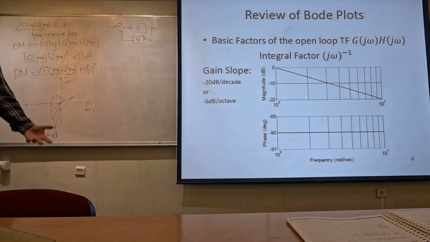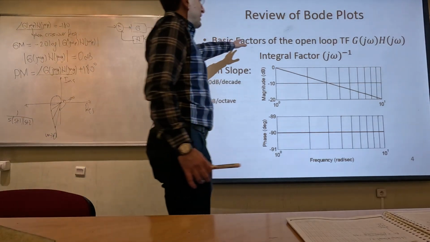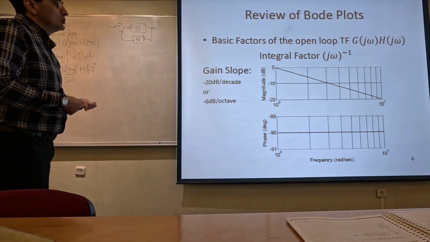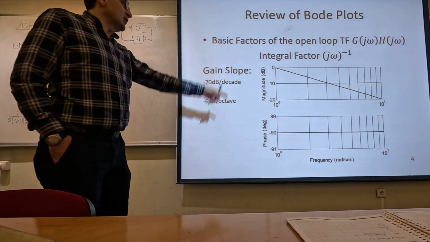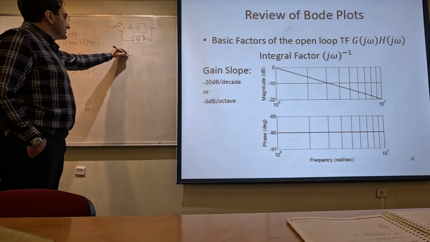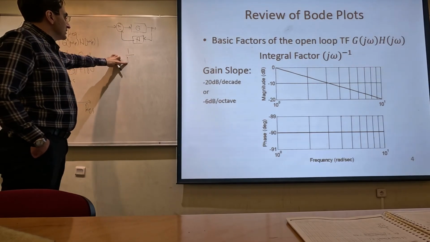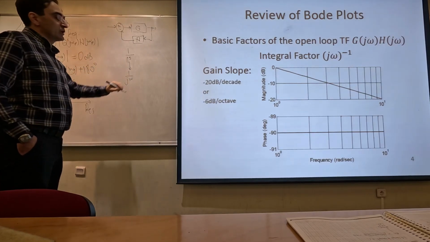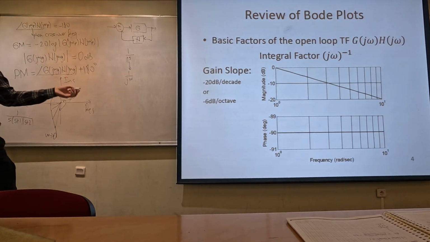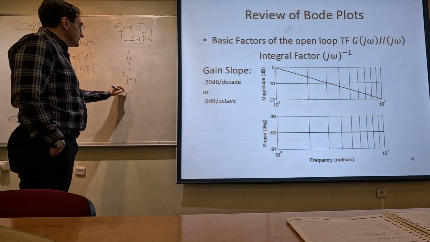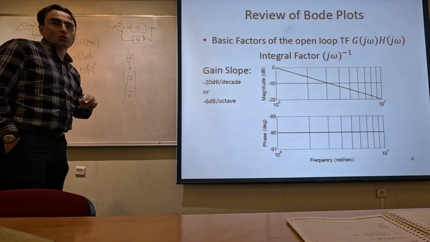When we look at the first order factors with integral or derivative terms, we get this type of magnitudes. So here, if I consider an integral term 1 over s, then in frequency domain it is 1 over j omega. When I look at its magnitude, it is going to be 1 over omega.